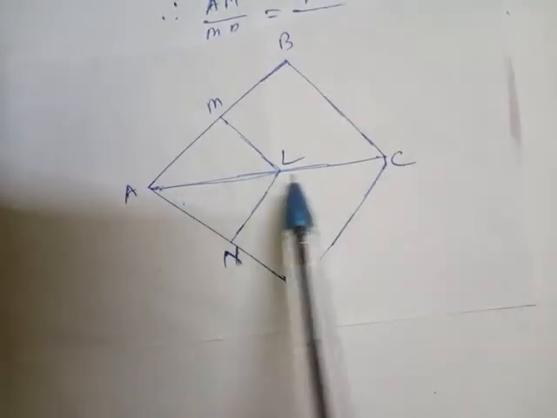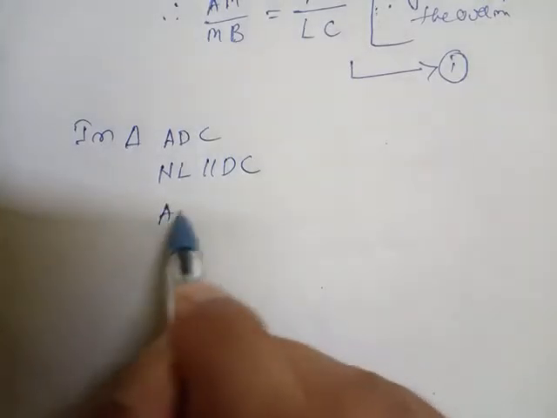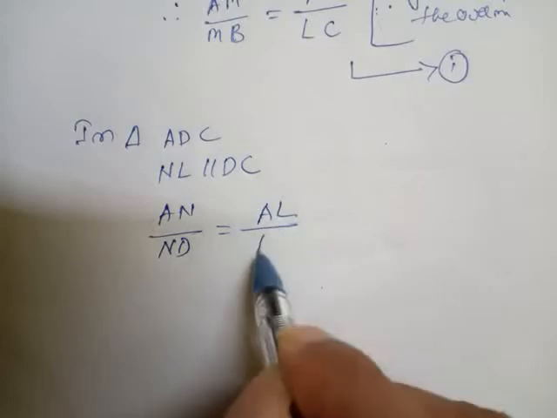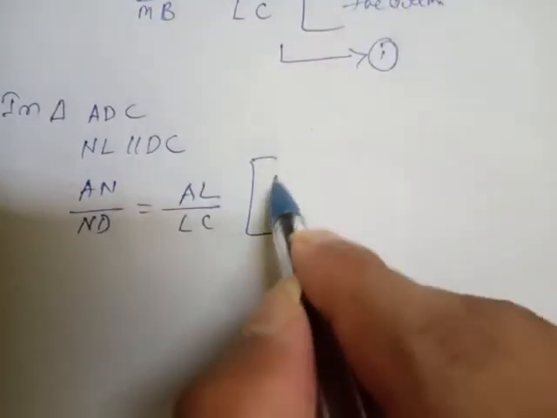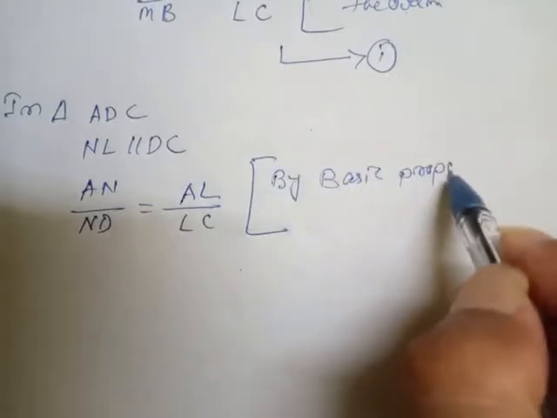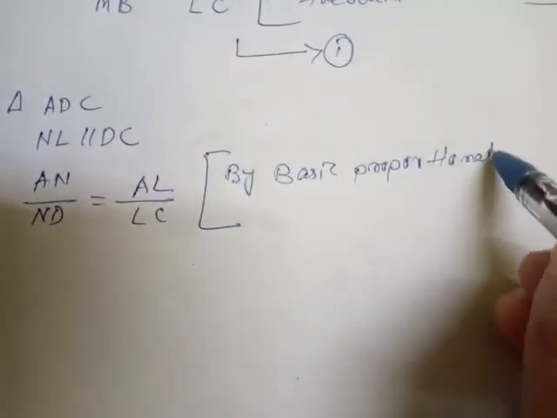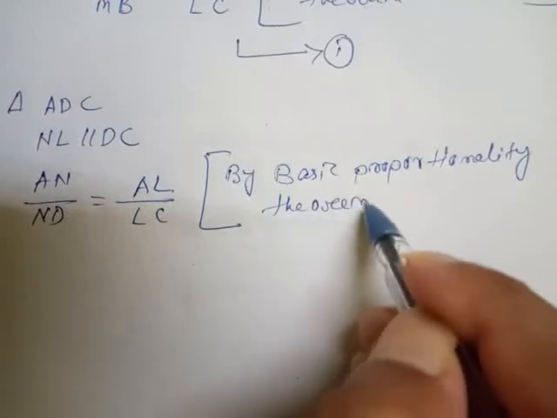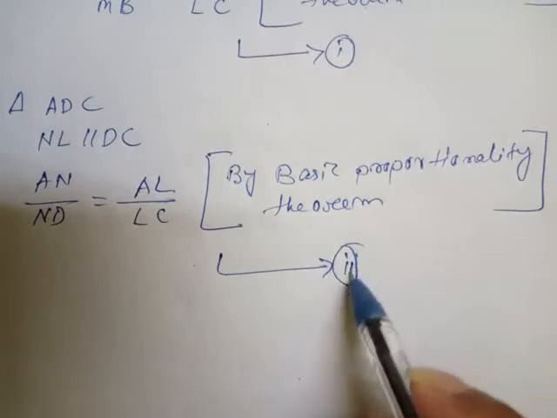So we'll write AN by ND equals AL by LC. Here also the reason is the same. We will write that by the basic proportionality theorem.